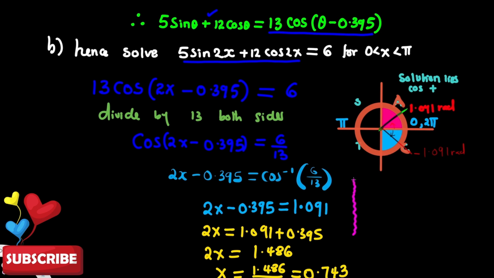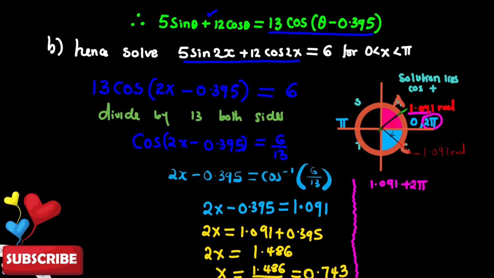Now, the next value of x that we can work out is the one whereby we are going to add 2 pi. If you add 2 pi, it will be after a full cycle, moving from 0 all the way to 360, again moving all the way. Now, meaning that this is the second cycle.